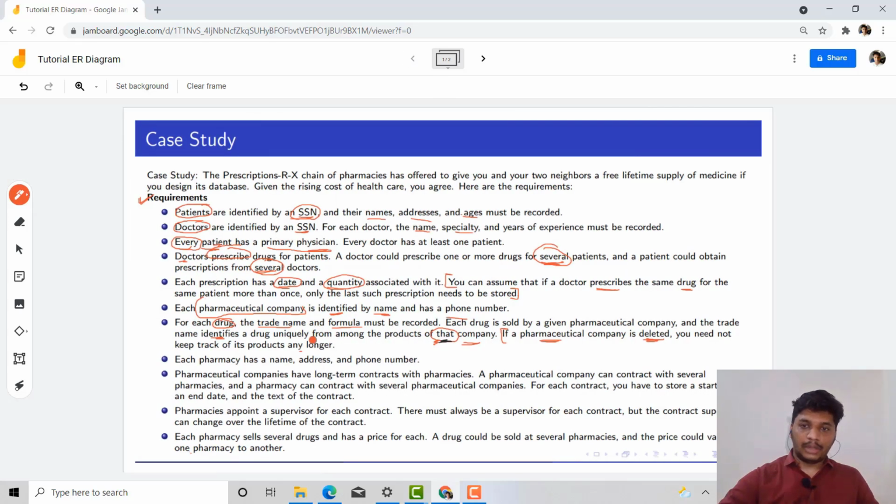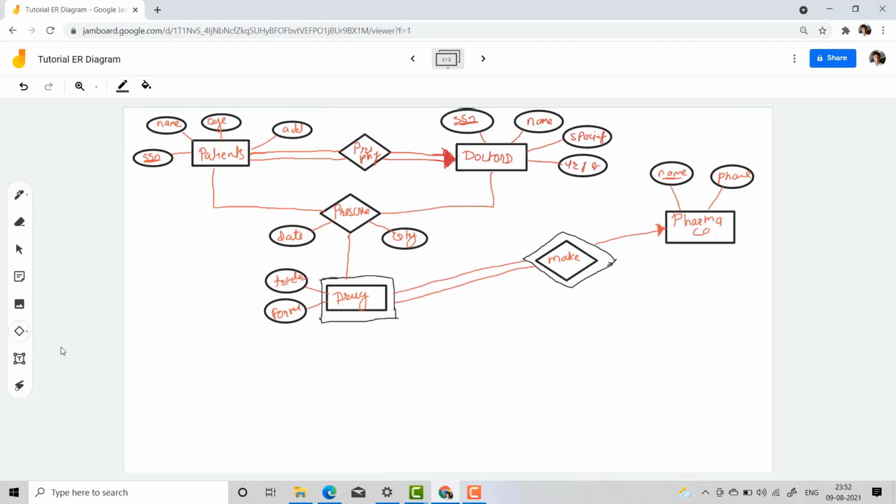Now each pharmacy has a name, address and a phone number. So one more entity here, that is pharmacy, having attributes name, address and phone number. So we need to draw one rectangle here, that is pharmacy, and it is having 3 attributes.